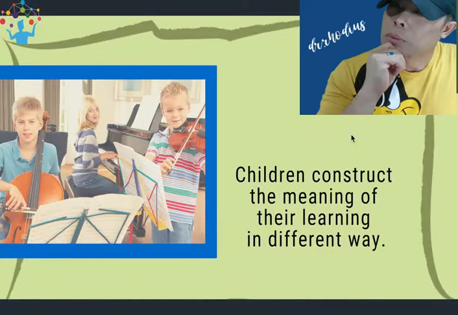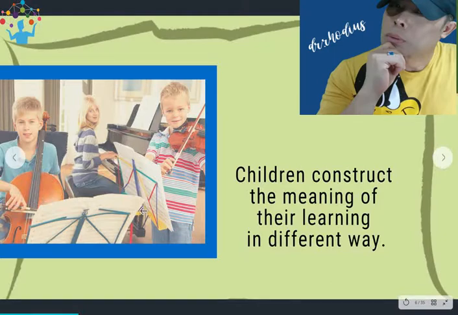Just look at the picture. You might be teaching children about music. By the end of the day, children would have looked into different interests. For example, a child would be involved in piano, in playing a violin, or in playing this other instrument, I forgot the name of it.